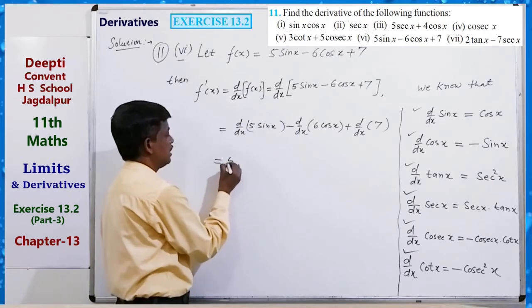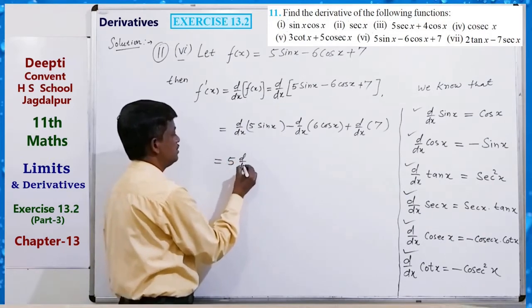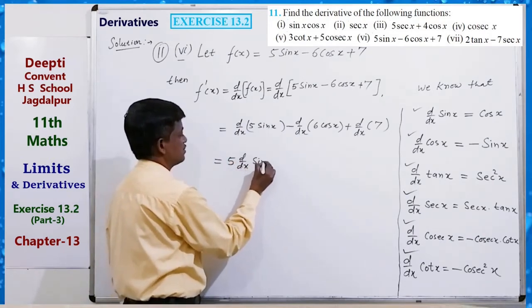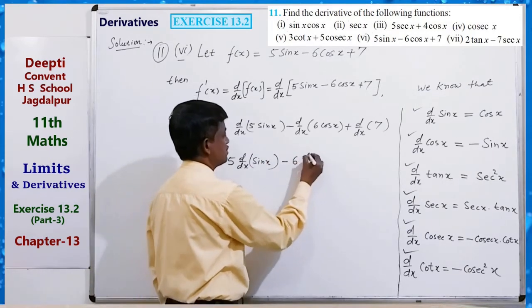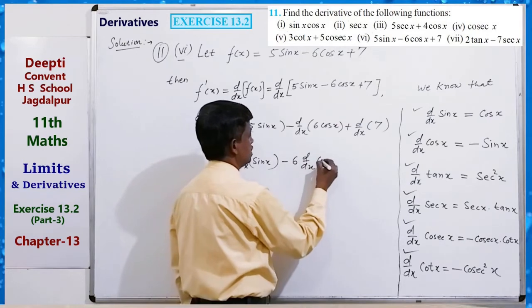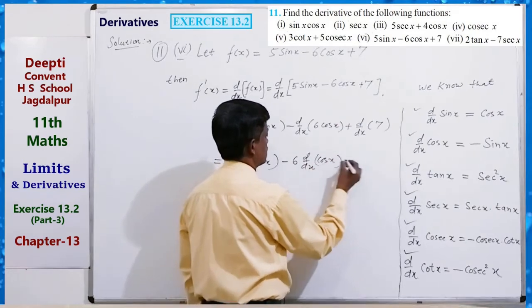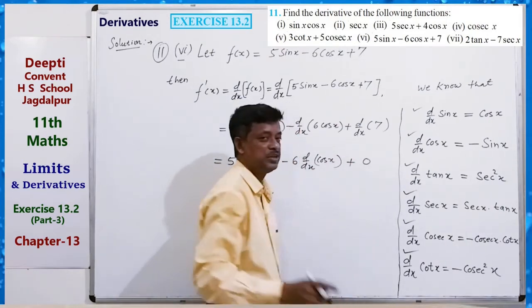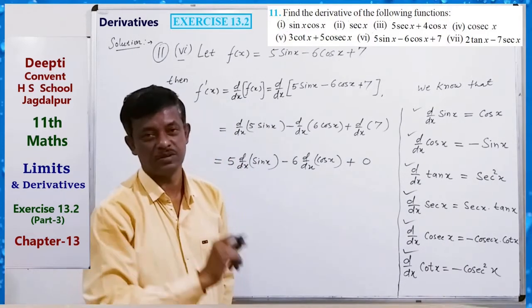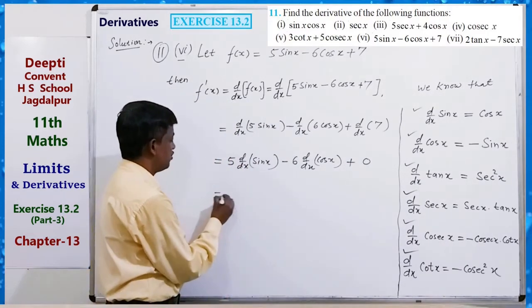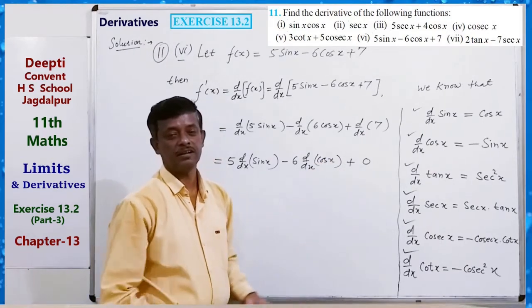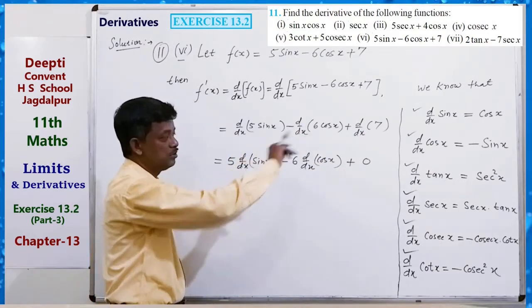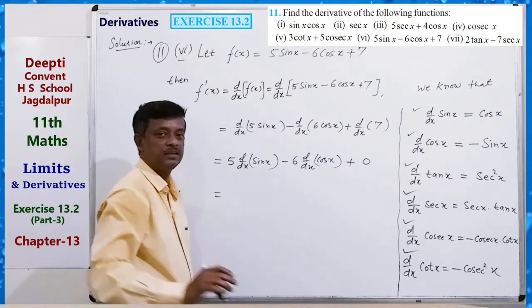So here as a constant outside 5, sin x, as a constant outside 6, dy dx is cos x, or here 0. You know the derivative of constant is 0. Now if we know its value, then you can write direct. If long question, then you have to do it separately by first principle method.